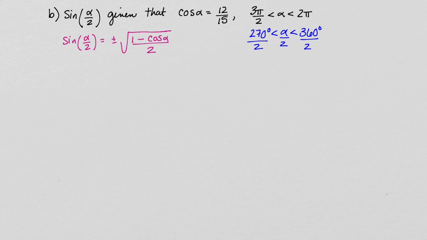So 270 divided by 2 is 135 degrees, so 135 degrees is less than alpha over 2. And 360 divided by 2 is 180 degrees. So which quadrant are we talking about then? If alpha over 2 is between 135 degrees and 180 degrees, which quadrant am I in? Yeah, this is all in quadrant 2.